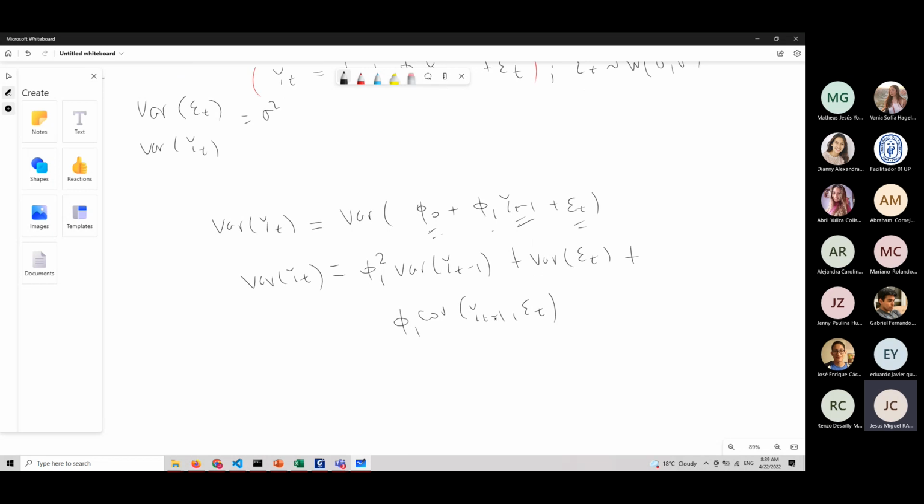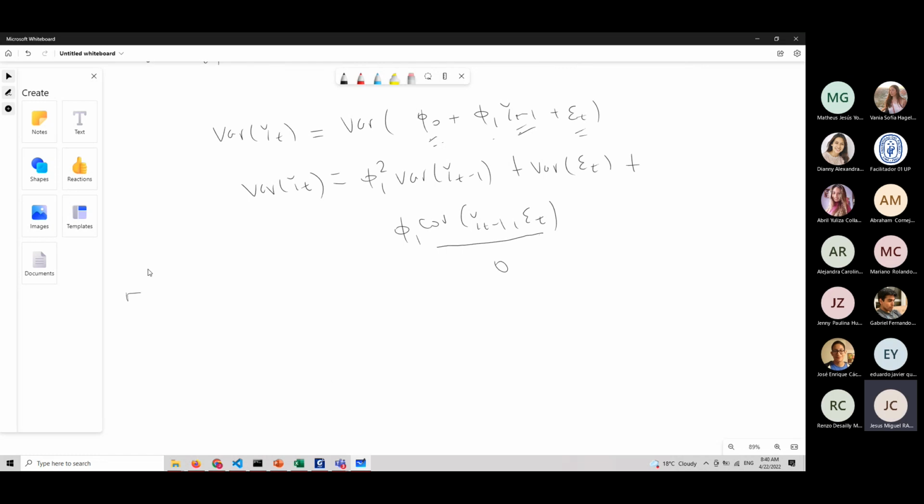What is the covariance between yt minus 1 and epsilon t? This is 0. Have you seen this before? The covariance between yt minus 1 and epsilon t is 0. Or not? Because it's white noise, right? Basically that's why.